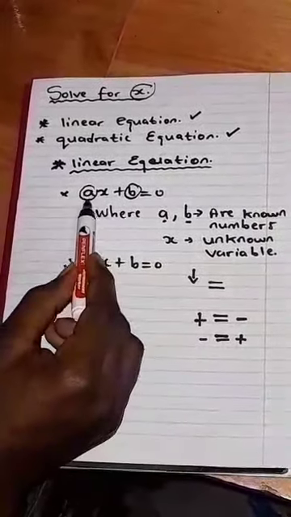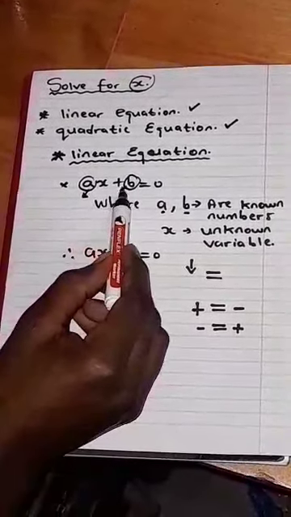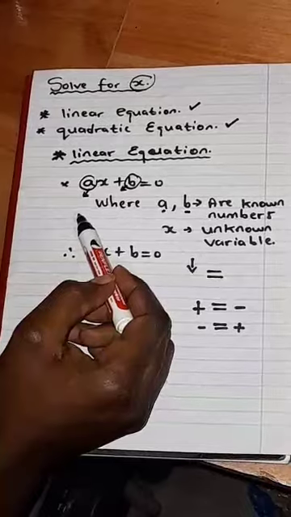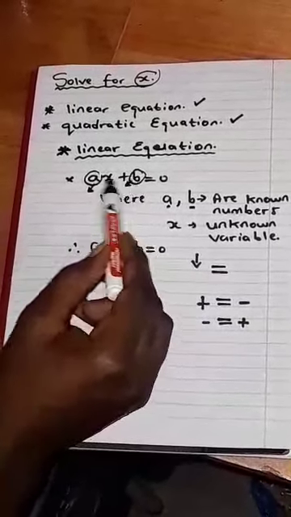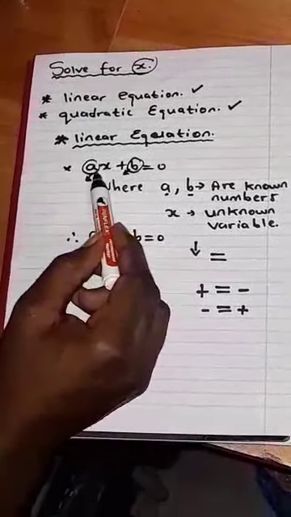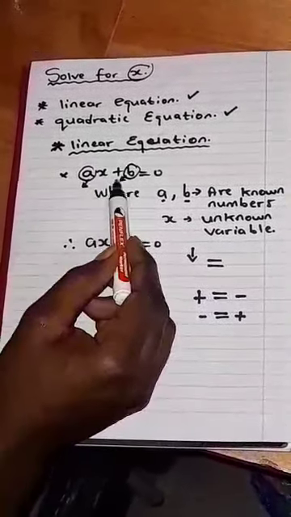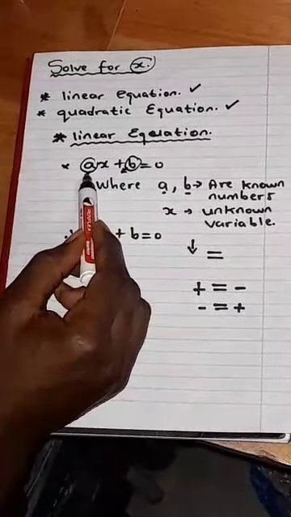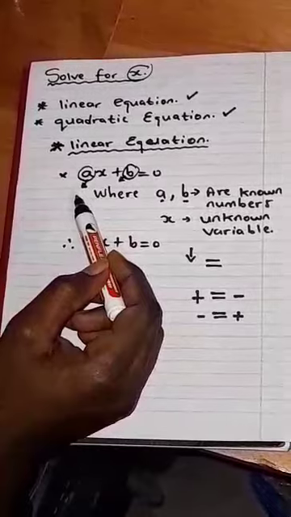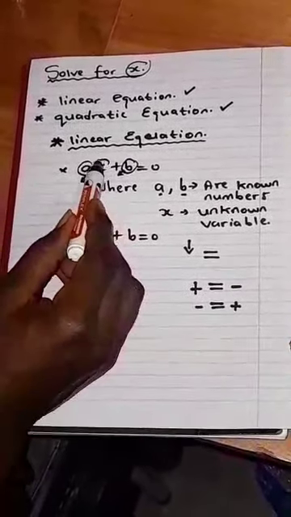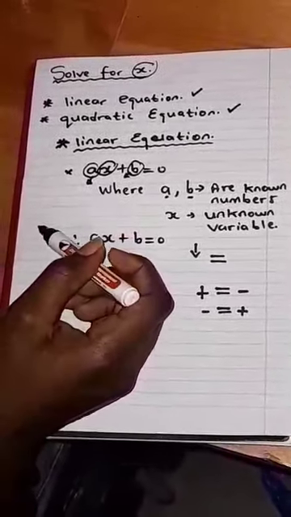Which means a is a number and b is a number. When they give us the equation, they must give us where a is a number and b is a number. But this x is an unknown variable.